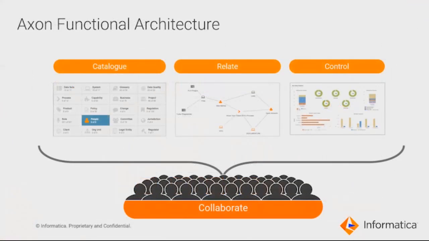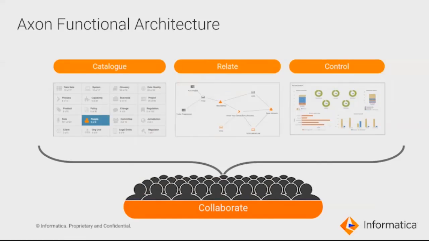So, the Axon functional architecture. A set of users within the organization, based on their role and position in the organization, collaborate and create Axon. They create a data catalog within Axon, and they key in the data in the required facets based on their functional position in the organization.